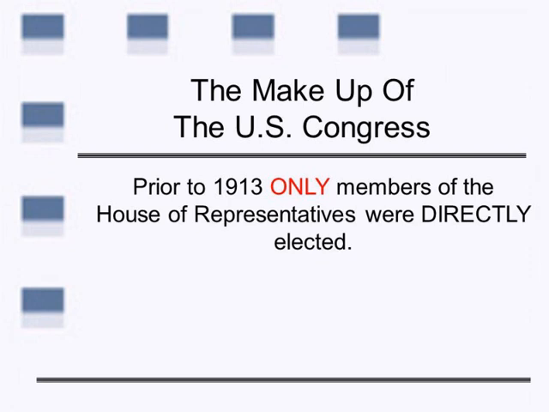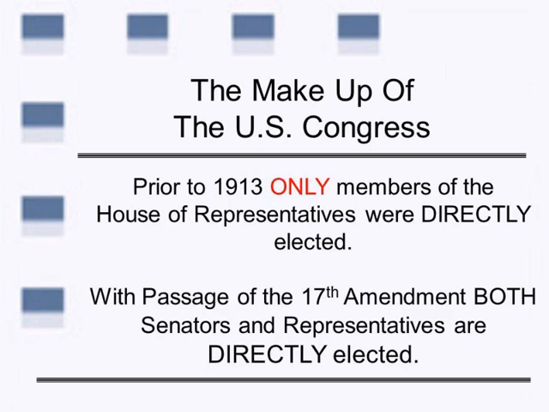Election of U.S. senators prior to 1913 was done by the citizens of the state electing their state legislature, and the state legislature would then select the 2 people to represent their state in the United States Senate. Senators were indirectly elected. Prior to 1913, only members of the United States House of Representatives were directly elected.